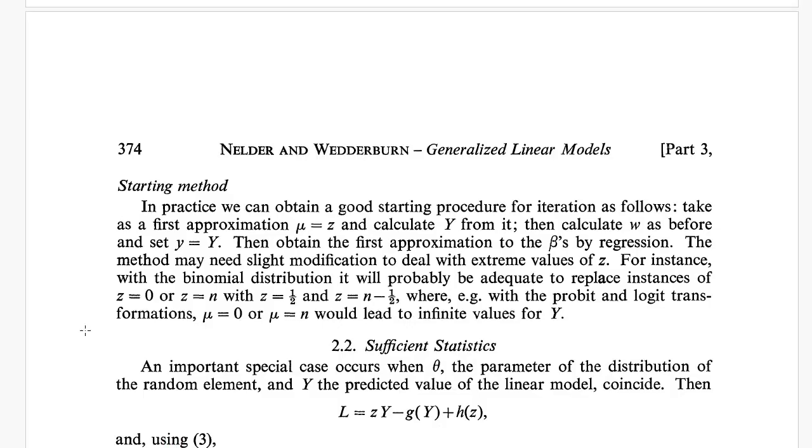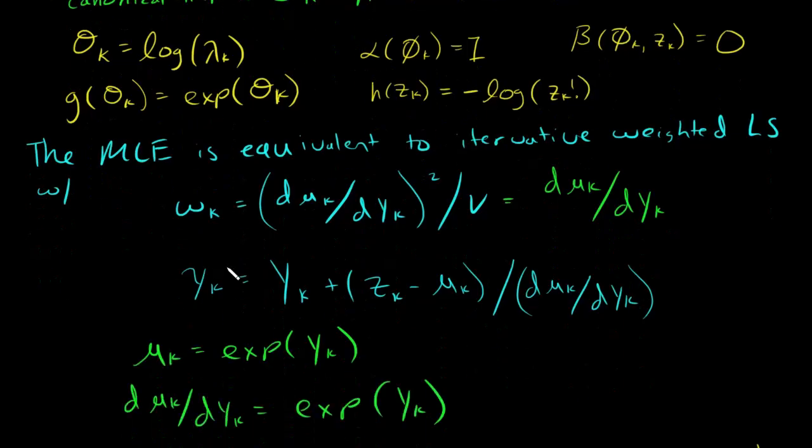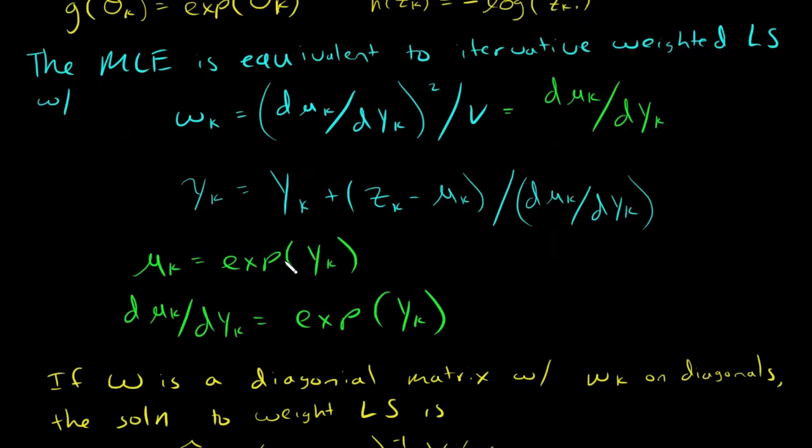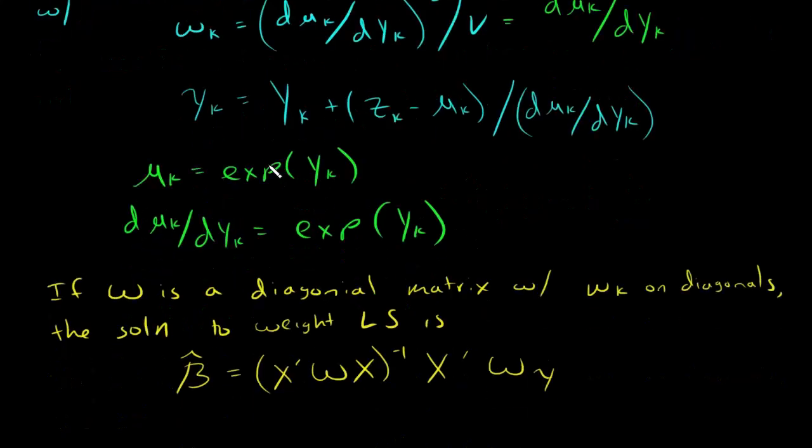Well, if we know what mu is, setting it equal to Z, we'll just take the log, and that's what capital Y will be. Okay, so for our first step, capital Y will just be the log of mu. And then from there, we'll have this lowercase y, which will make up right here. We'll have our weights. We know what X is.